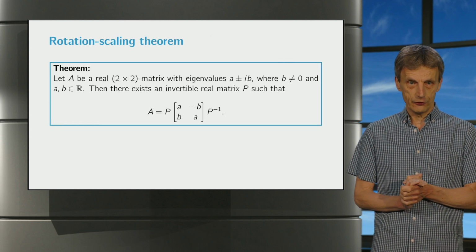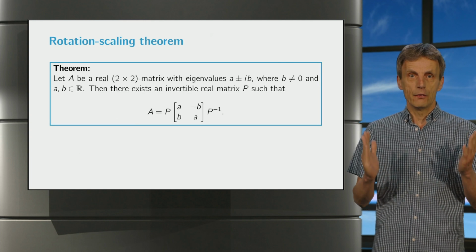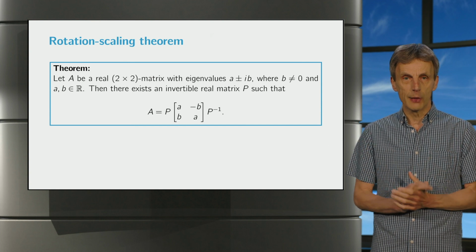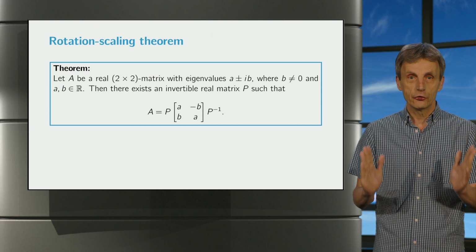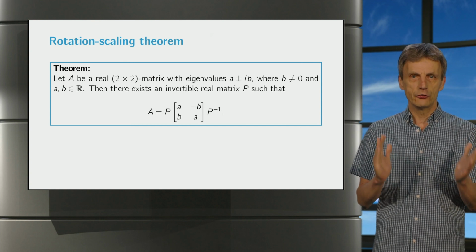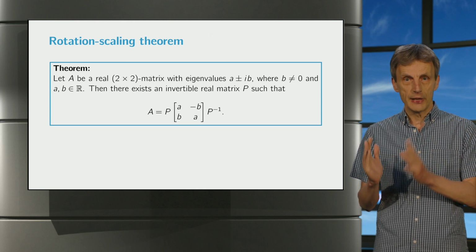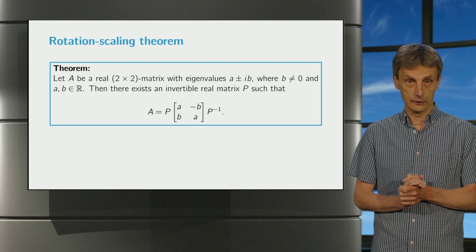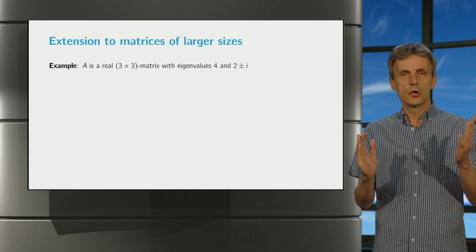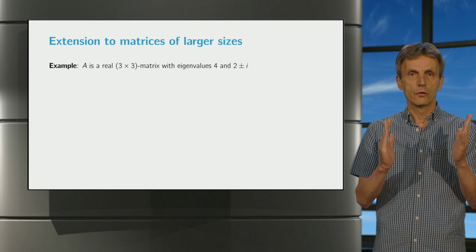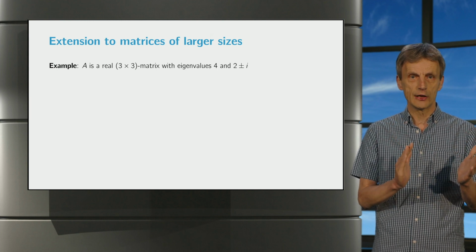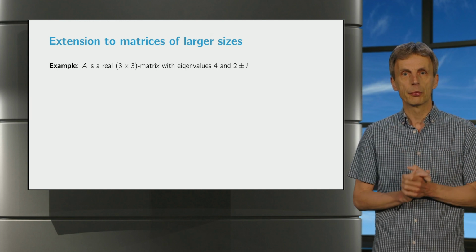Back to the main theorem of this video. This is a theorem about 2x2 matrices. It should be noted that rotation scaling matrices can appear in decompositions of matrices of larger sizes as well. For example, suppose A is a real 3x3 matrix with eigenvalues 4 and 2 plus or minus i.